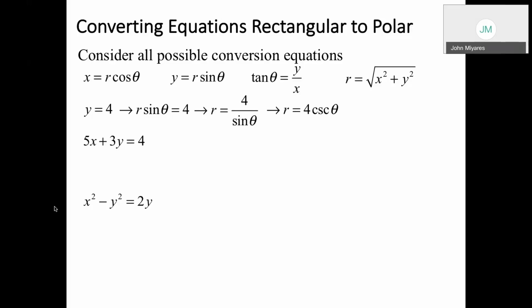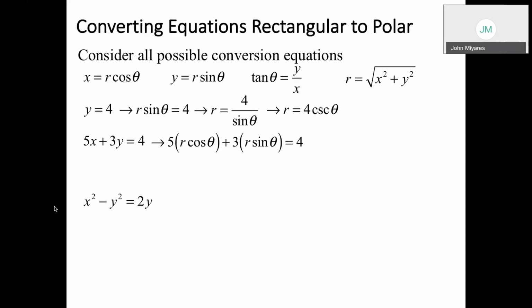In the second equation, 5x plus 3y equals 4, we're going to have to use both the first and second conversion equations and substitute x equals r cosine theta and y equals r sine theta in there. Now we've eliminated the x and y's, but how do we turn this into r equals form?